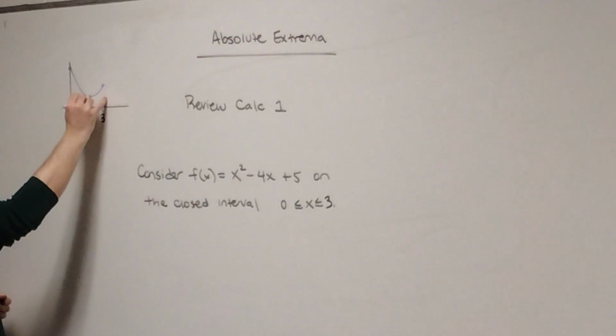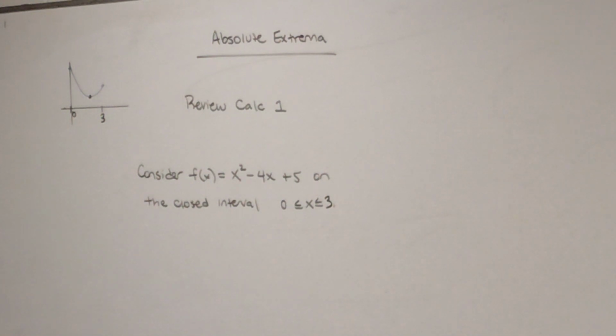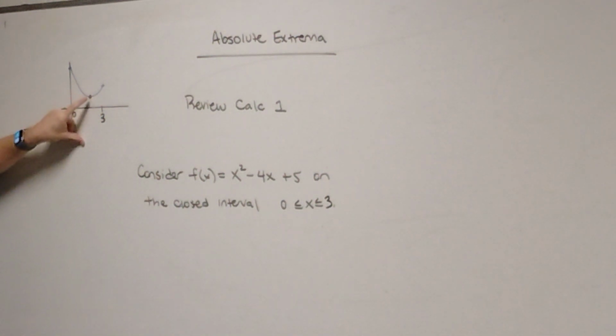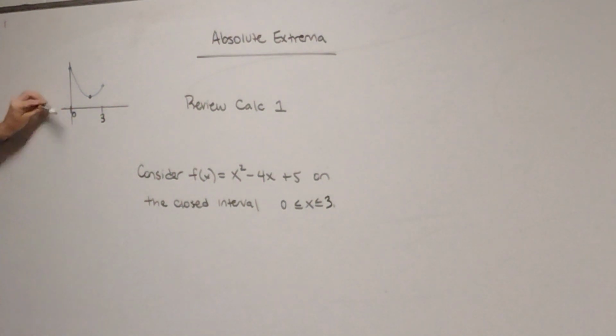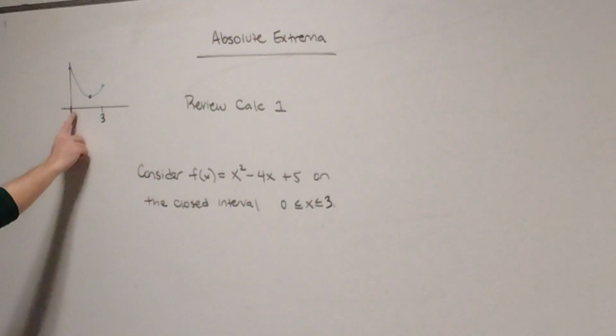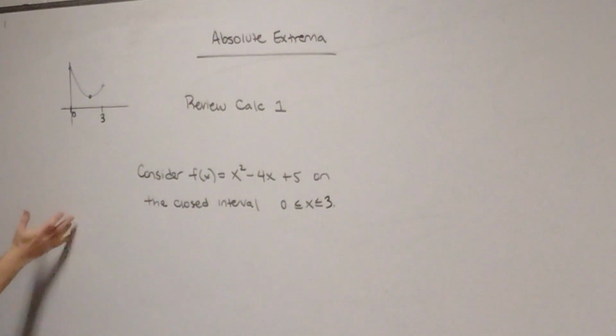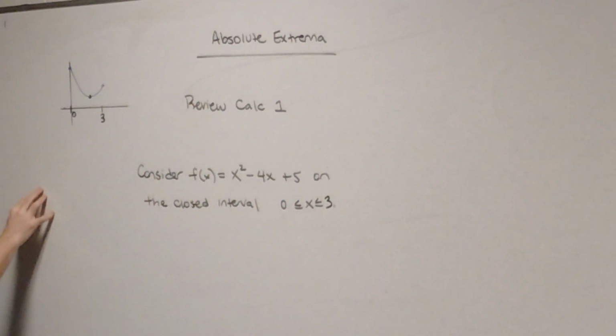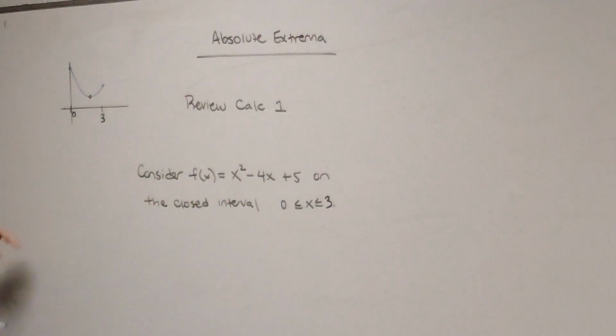Now, this point here is a critical number. This is going to be a local minimum. But notice your absolute maximum doesn't have to be a critical number. So in Calc 1, we always said, find the critical numbers. Those are going to be candidates for what could be the absolute max or the absolute min.